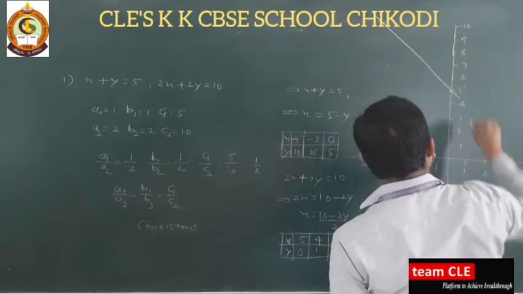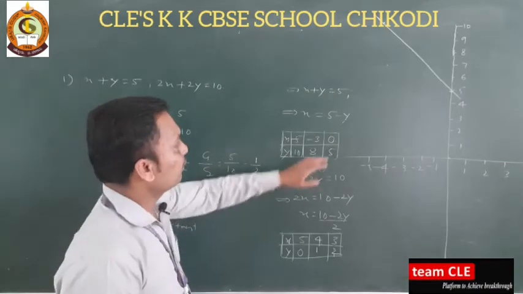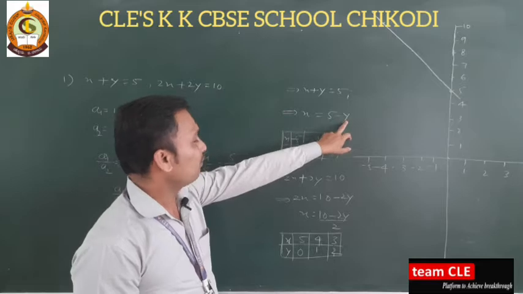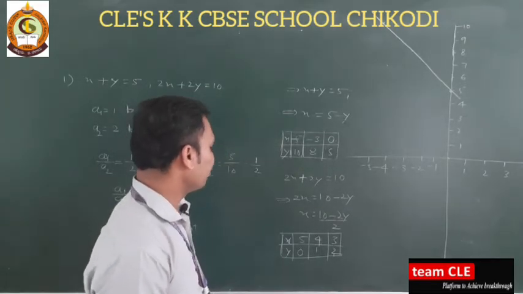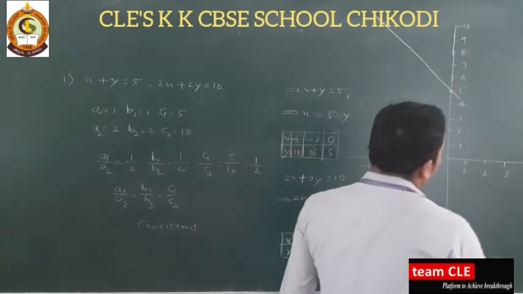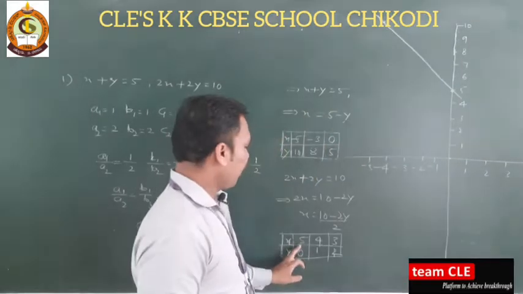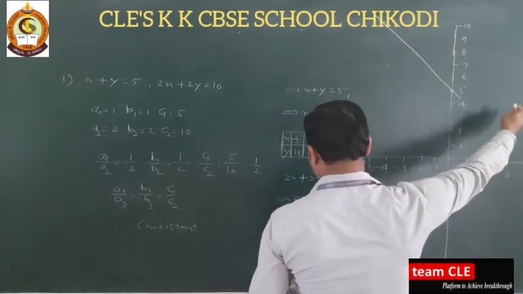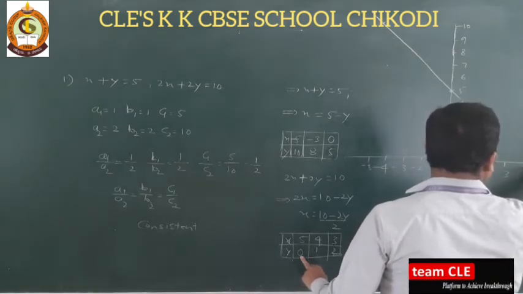If you want, you can take one more value. So what kind of value do we need to take here? Just substitute here, and you will get y is equal to 4. Once you substitute, you will get x is 1. Next, x is 5, y is 0. So we will get the point 5, 0 here.